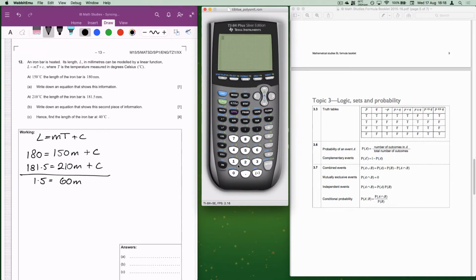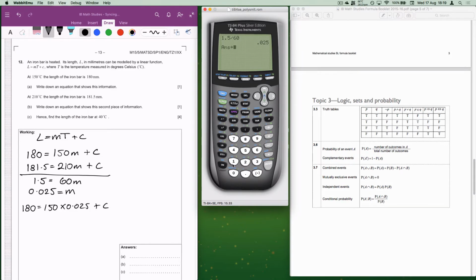So then all we need to do is 1.5 divided by 60, and that gives us 0.025 is equal to m. Now, if we know that's what m is, we can work out c by using either of the two equations. So let's use the first one, 180 equals 150 times 0.025 plus c.